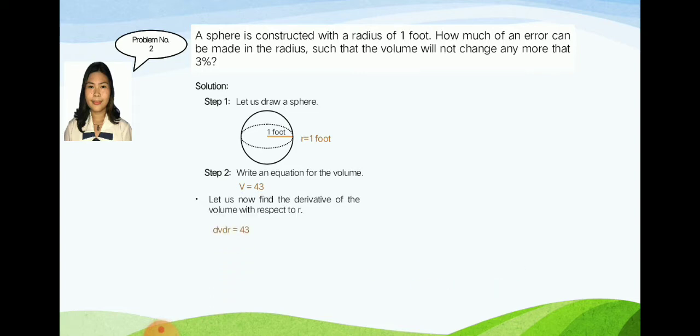Let us now find the derivative of the volume with respect to r. So dV over dr is equal to 4 over 3 times pi times 3 times r squared, where 3r squared is the derivative of r cubed.